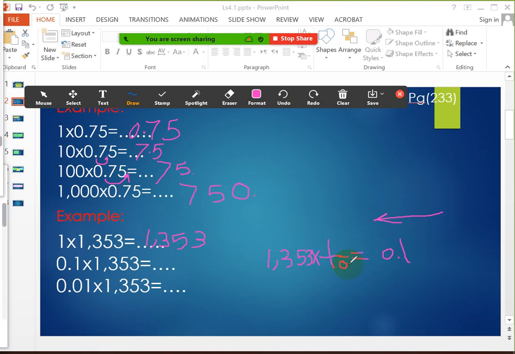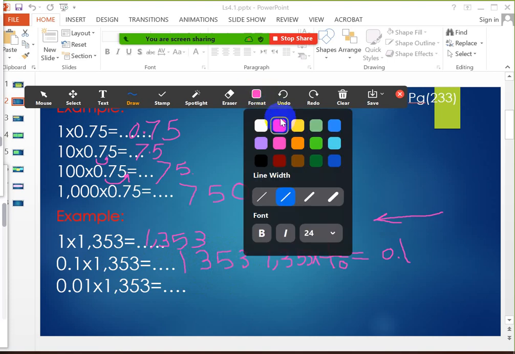So here 0.1, when we multiply by the decimal number, how many digits are after the point? I have only 1 digit. So that means you have to move the decimal point on this number 1 digit. So let's move it. This is 1, 3, 5, and 3. Okay?